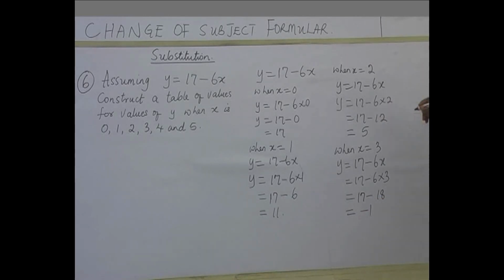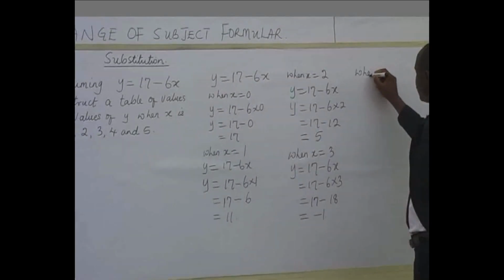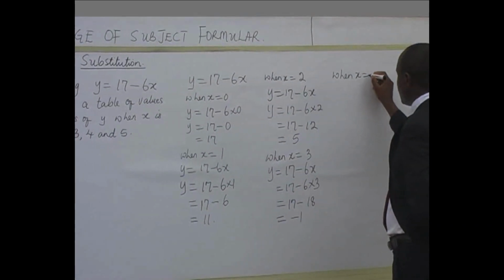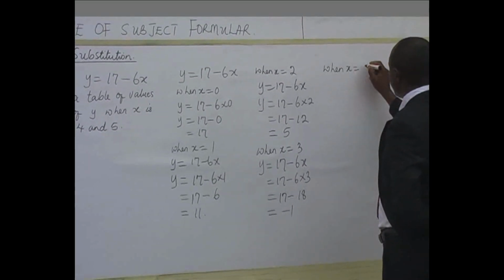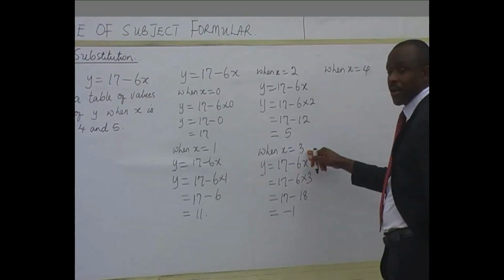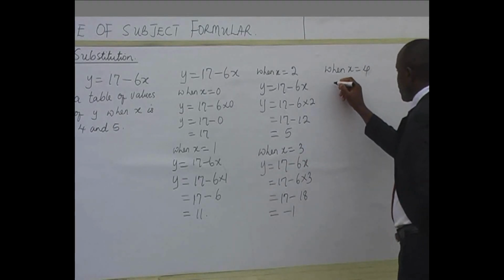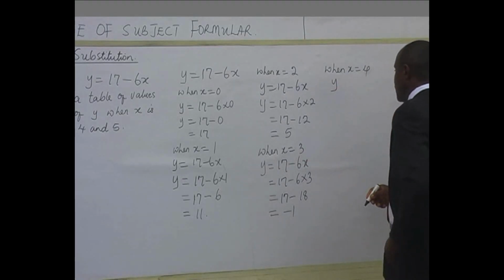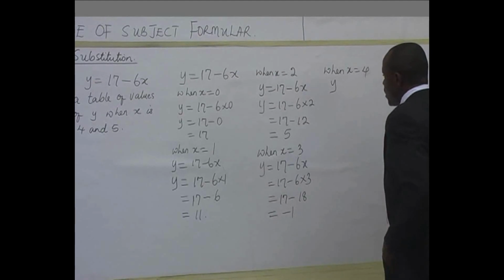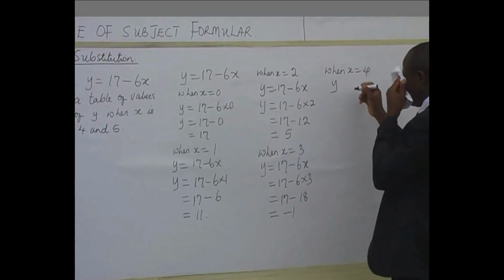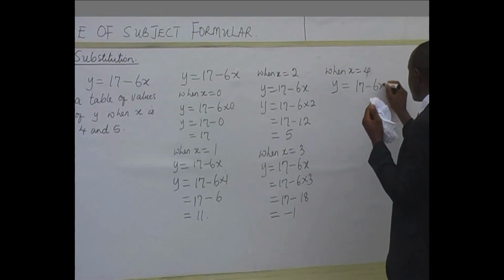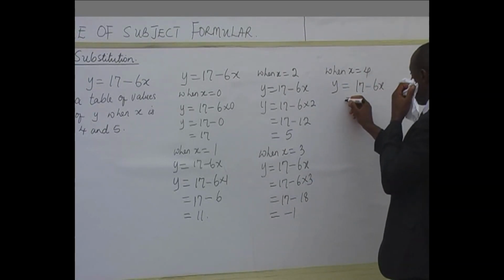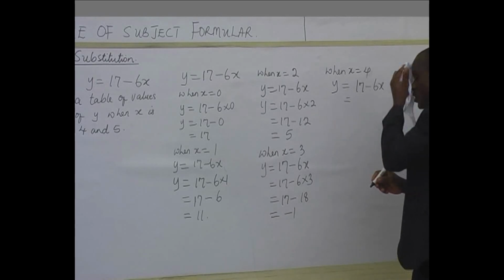The next one is when x is equal to 4 now. The last one we did was 3. Your formula is y is equal to 17 minus 6x. Use 4 to substitute x.